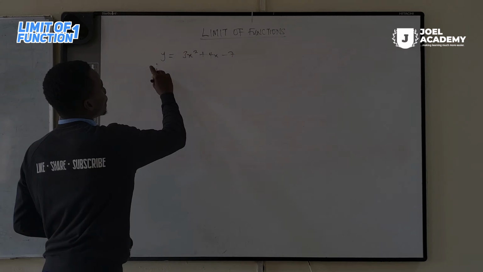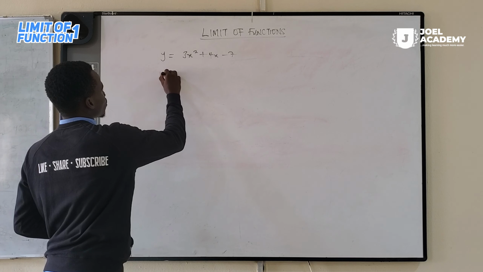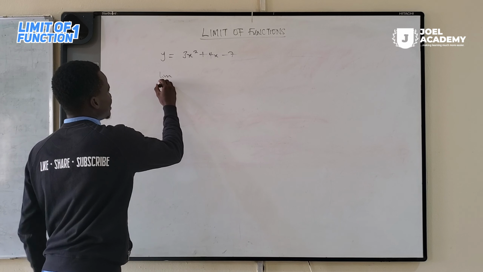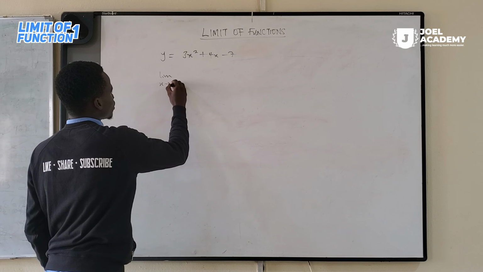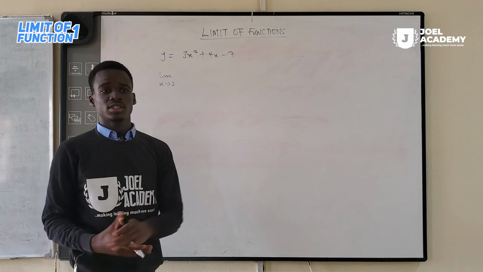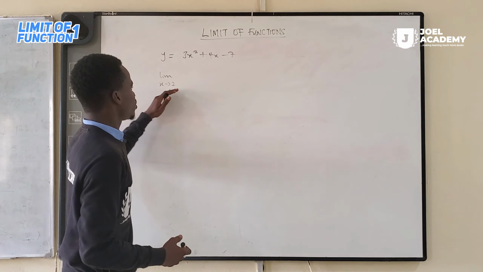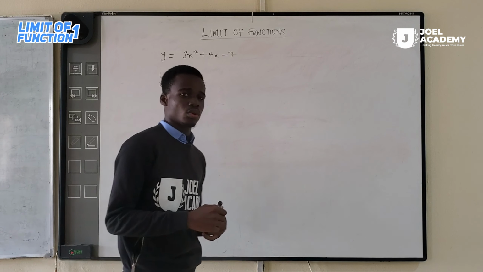So let's say we have the limit of this function as x tends to 2. We are told to find the limit of this function as x tends to 2.